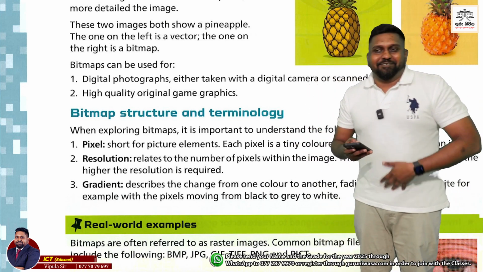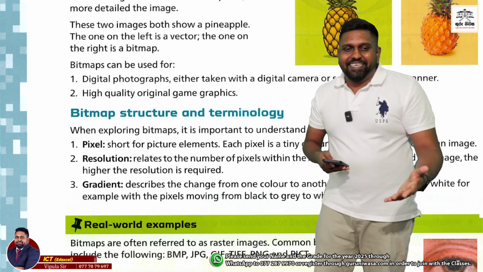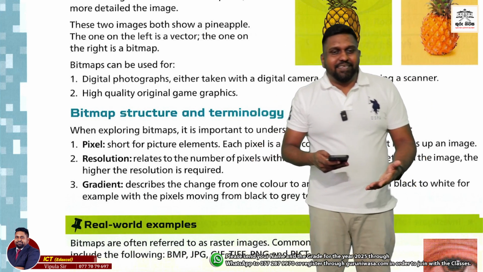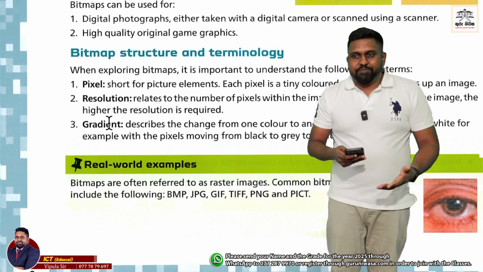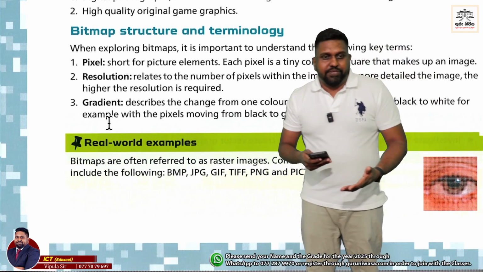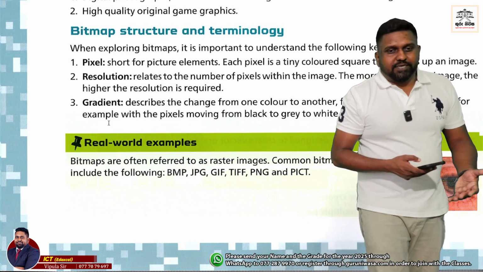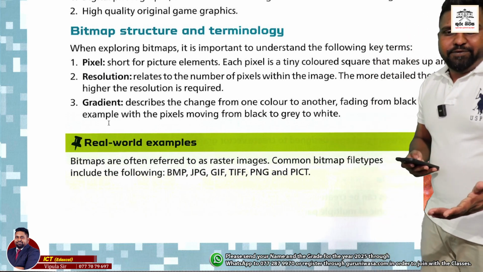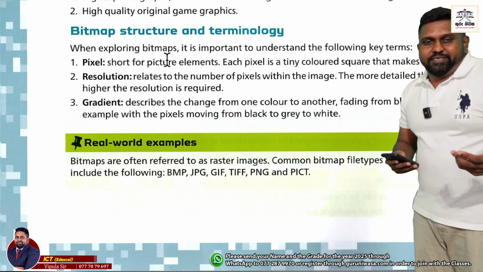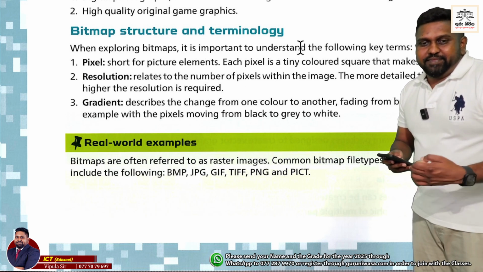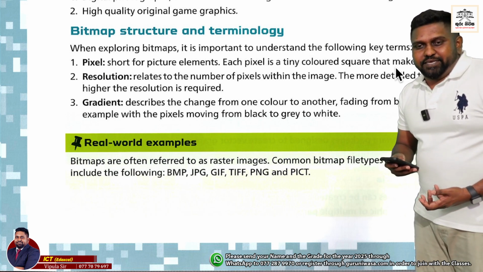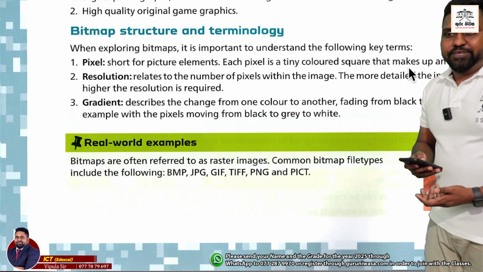Primarily we have the term pixel. Pixel is short for picture elements. A pixel is a tiny colored square that makes up an image.